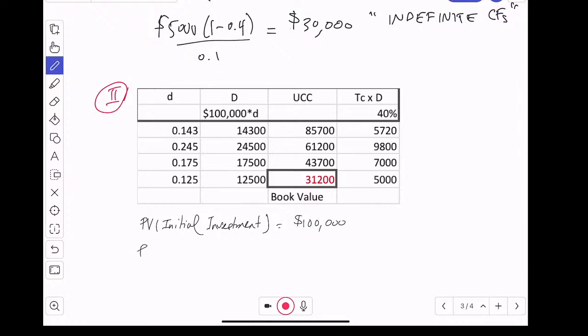The present value of the net working capital investment is the immediate amount of 8,900 plus negative... so these are the investment cash flows.